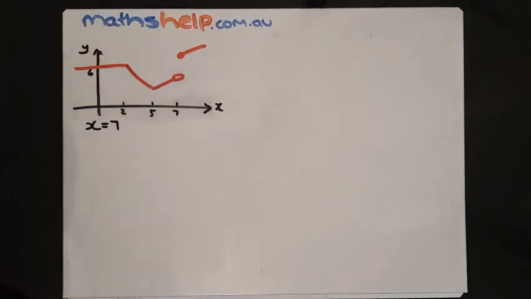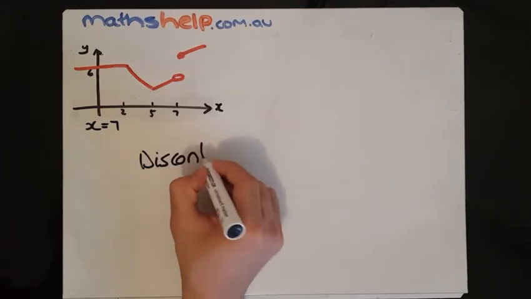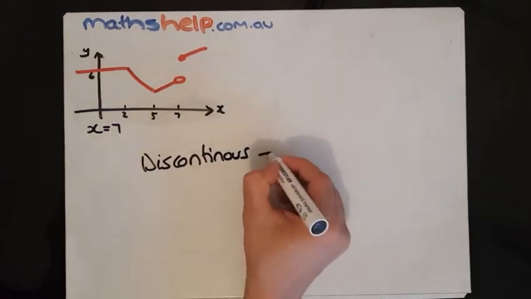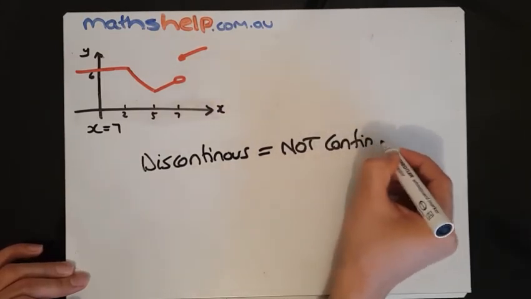Now you're asked to give a reason for your answer. When they ask you to give a reason, you have to explain it mathematically. You can't just say there's a jump discontinuity at x equals 7. So how do we show that the graph is discontinuous? Discontinuous just means it's not continuous.